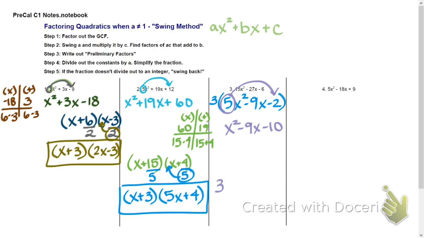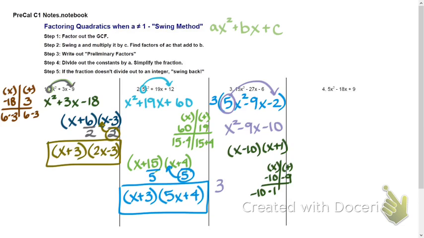Find two numbers that multiply to get -10 and add to get -9. I know it's got to be some combo of 10 and 1. The 10 would have to be negative and the 1 positive. So we write x minus 10 times x plus 1.